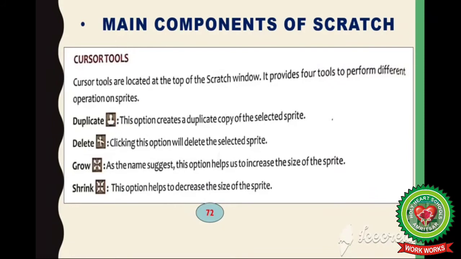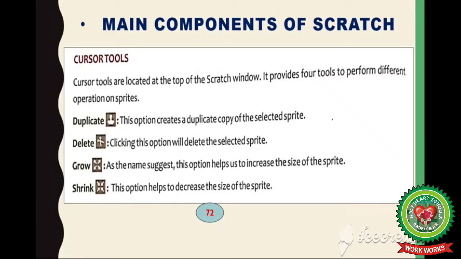On page number 72, next main component of Scratch is cursor tools. Cursor tools are located at the top of the Scratch window. It provides 4 tools to perform different operations on sprites.